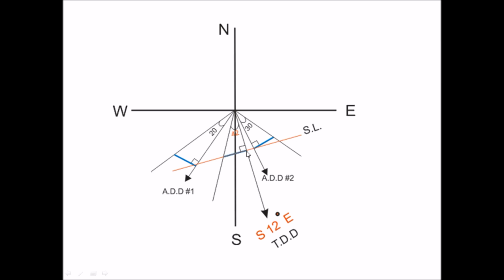So from this point where we have the intersection of the strike line with the true dip direction line, we mark H perpendicular to it and then draw a line from the center joining this point, and we have reconstructed the triangle, and this angle will give the amount of true dip, say 42 degrees.